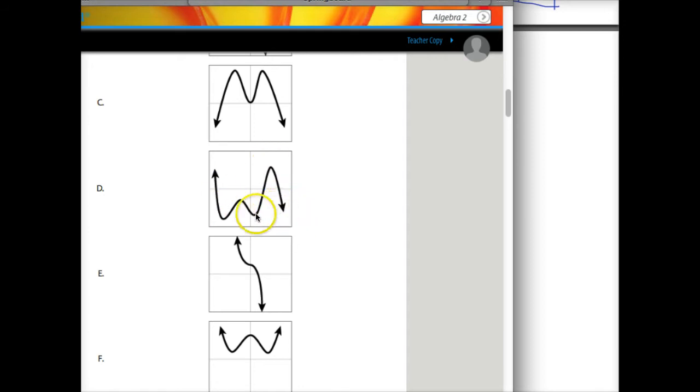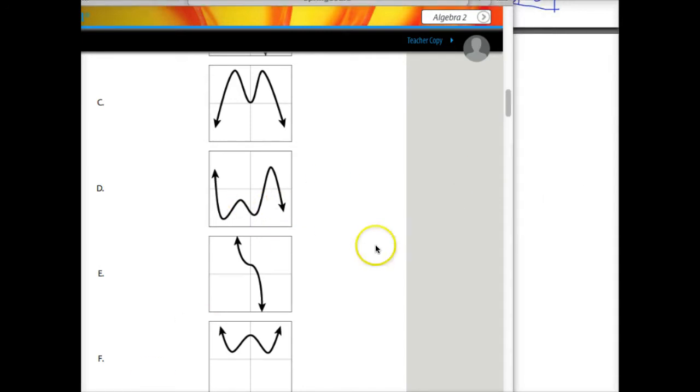It says it has to have a negative y-intercept. Oops, I think I said negative odd for some reason, so cross out D, no, because we're looking for positive odd. I looked at the other one for a second, sorry.